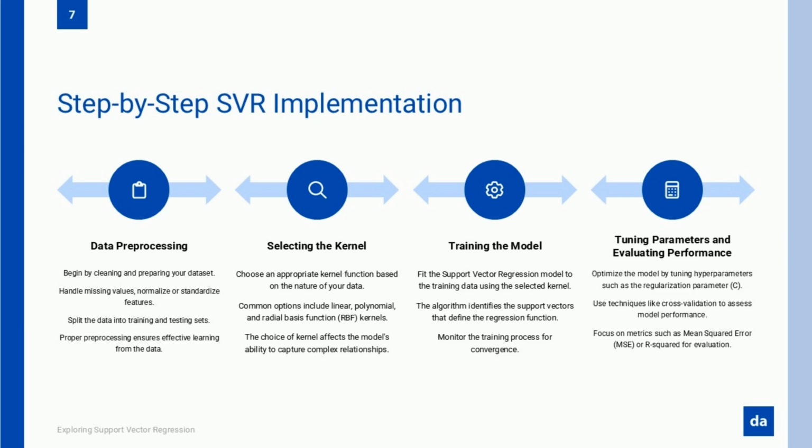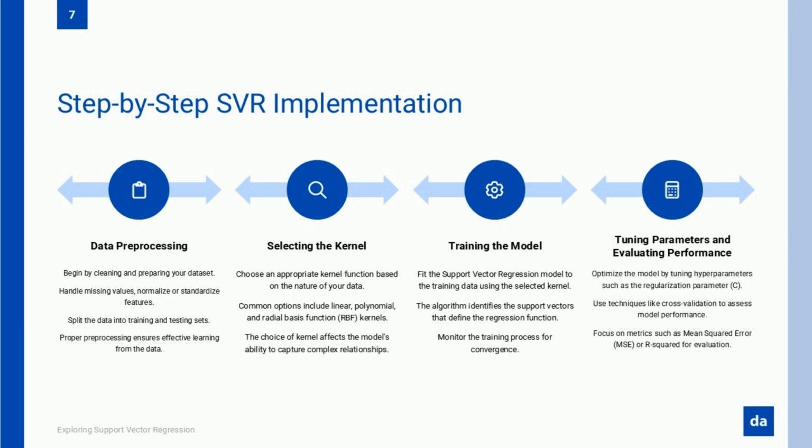To build an effective SVR model, we need to go through several key stages: preparing the data, selecting the right kernel, training the model, tuning the parameters, and evaluating its performance. Each of these steps plays a critical role in ensuring that the model is both accurate and reliable.